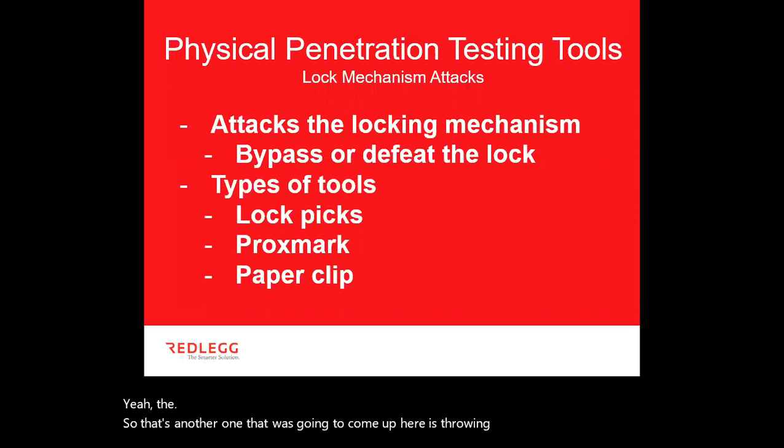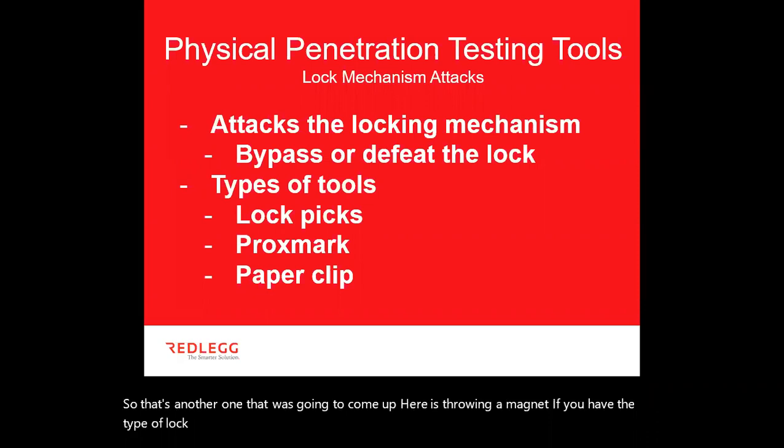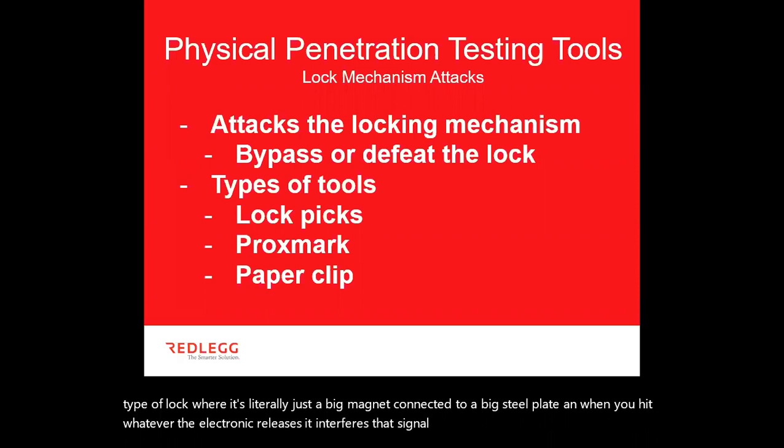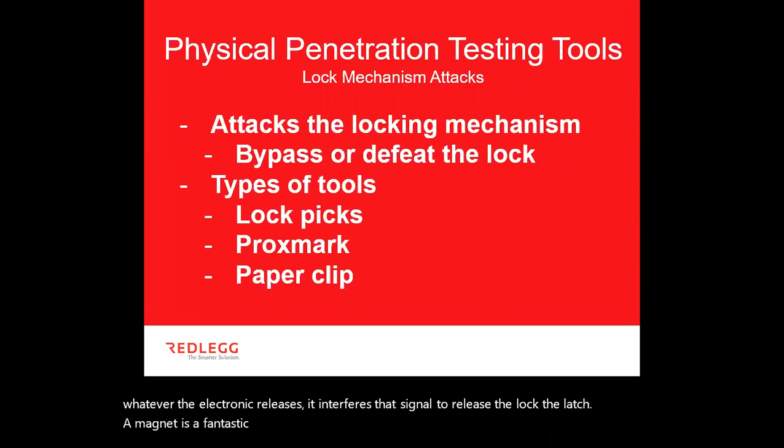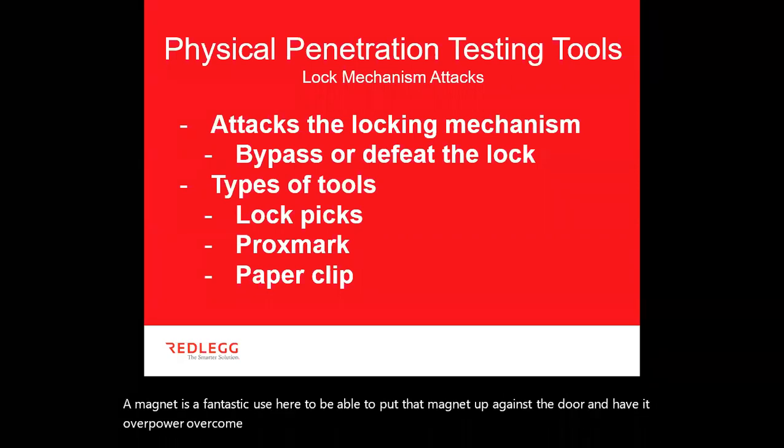If you have the type of lock where it's literally just a big magnet connected to a big steel plate, and when you hit whatever the electronic release is, it interferes with that signal to release the latch, a magnet is a fantastic use here. You put that magnet up against the door and have it overcome the existing magnetic field, and then it would open up the door.